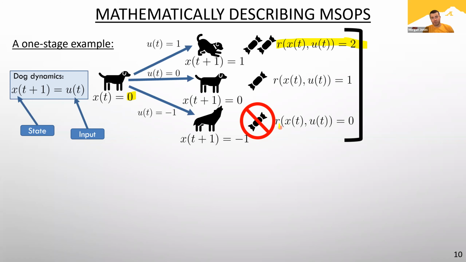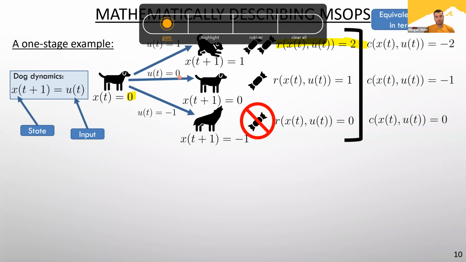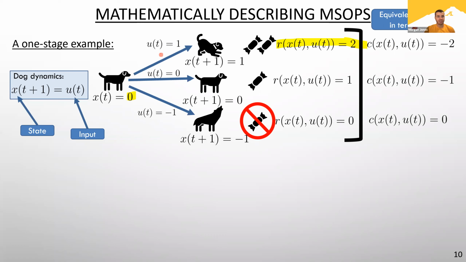So equivalently, you can formulate this in terms of costs, where instead of trying to maximize the reward, you're minimizing a cost, and you just change the sign of the rewards. So this was over one stage, and the solution is trivial. The agent should pick an input of +1 to receive the maximum reward of 2 sweets.